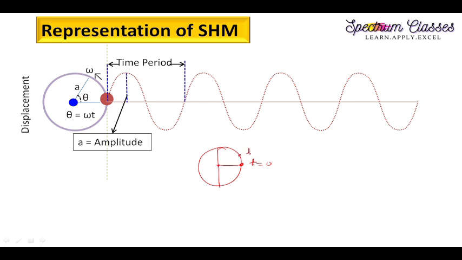At time t equals t1, say the projection of this point is here. At time t equals t2, the projection is here, and at time t equals t3, the projection is at this point, right? Similarly, when this point is moving in this direction, we get the projections again in this manner, right?